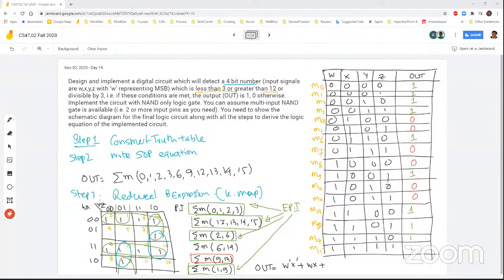For that 2, 6, it is W bar Y Z bar, and then for the 1, 9, it will become, between these two groups, X bar Y bar Z. Question so far?